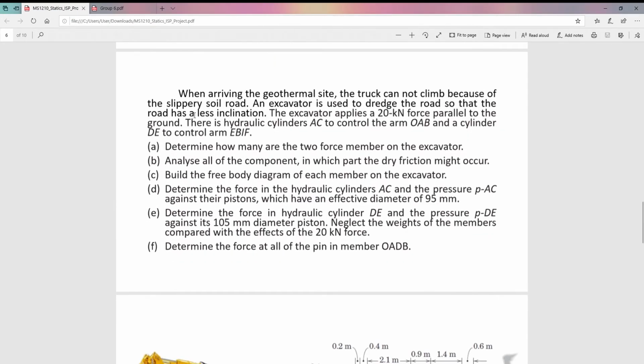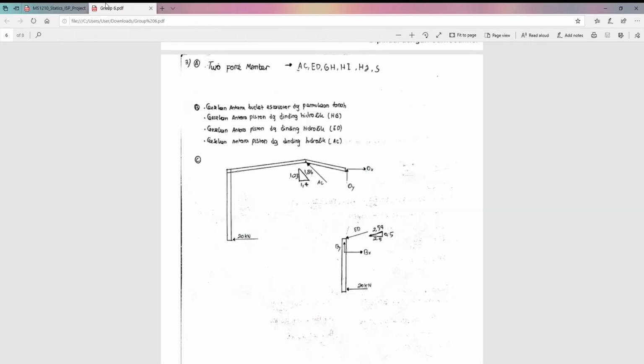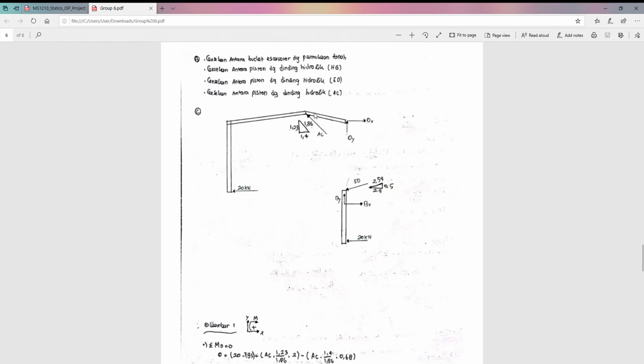So moving on to the third question, build the free body diagram of each member on the excavator. So this is the free body diagram that we came up with.